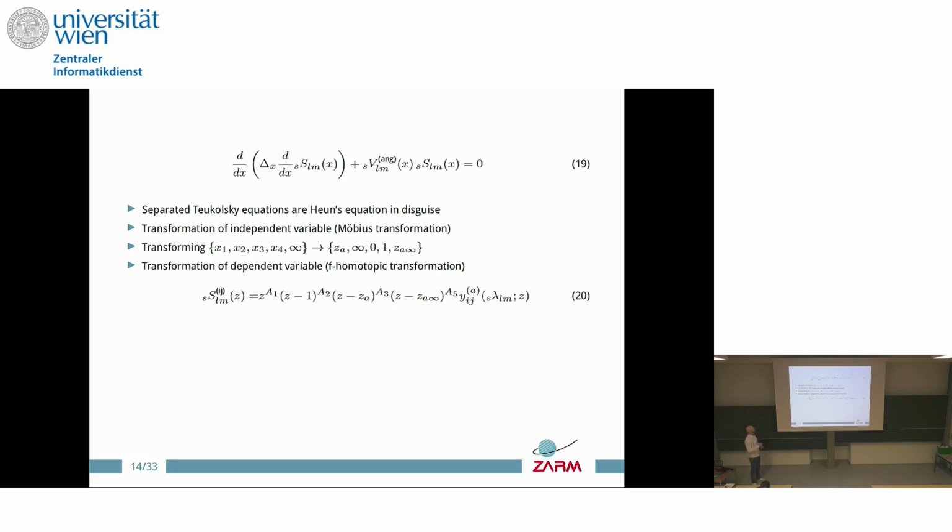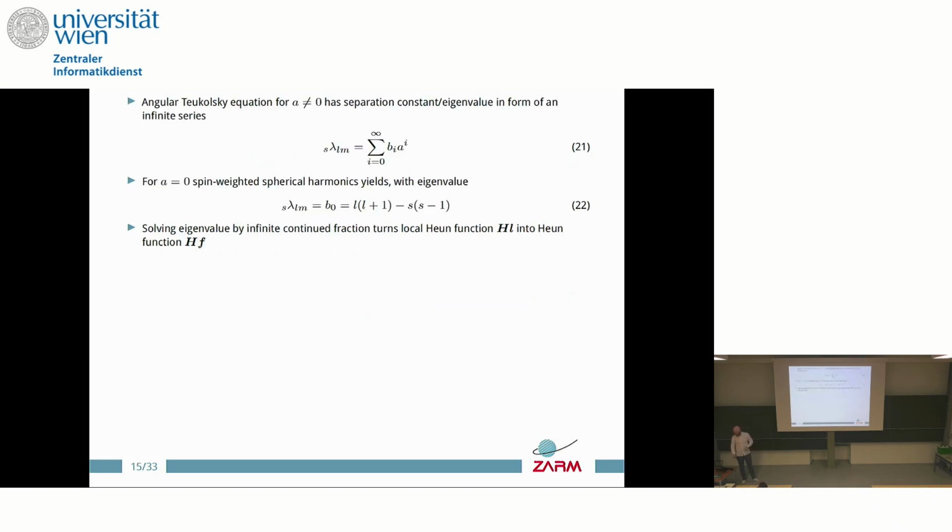And then we transform the dependent variable by reducing every exponent in this form of equation 20. And in order to get to Heun's equation, A1 to A5 have to have a very specific form, and then you have the transformation done.